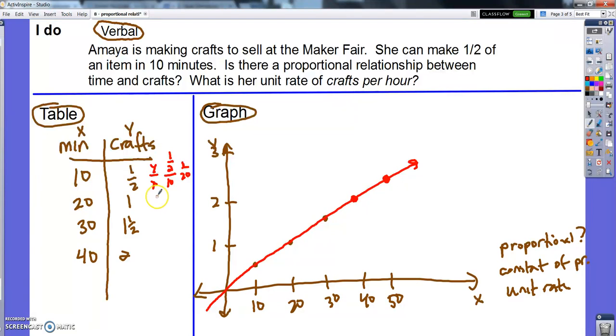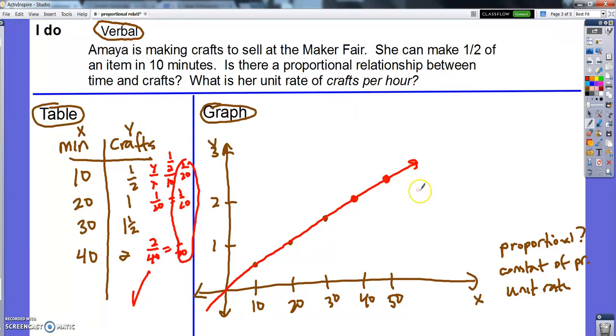Down here, 1 divided by 20 is 1/20th. And this one looks kind of difficult to divide, so I might do 2 over 40 down here, which is 1/20th. And so I can see that I keep getting this same constant of proportionality. And so it is proportional.